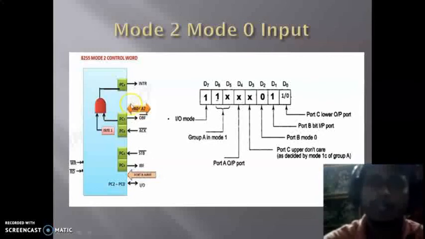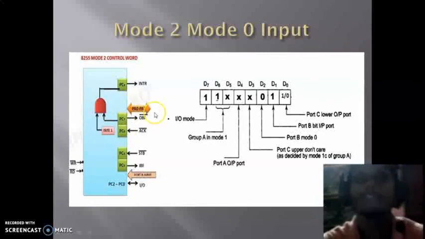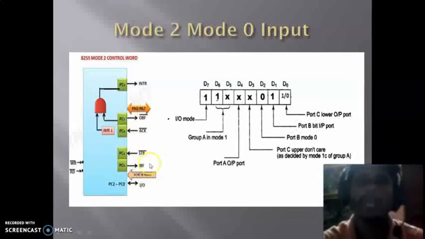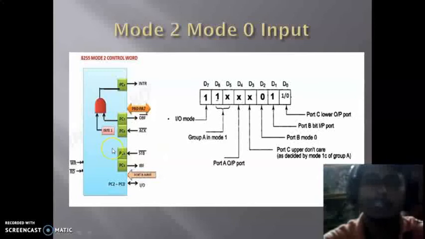Here port A can be used as a bidirectional port, and the STB, IBF, OBF, ACK signals are used here for handshaking purposes. I already discussed this in mode 1. As port A is used as bidirectional, we need output handshaking signals as well as input handshaking signals.